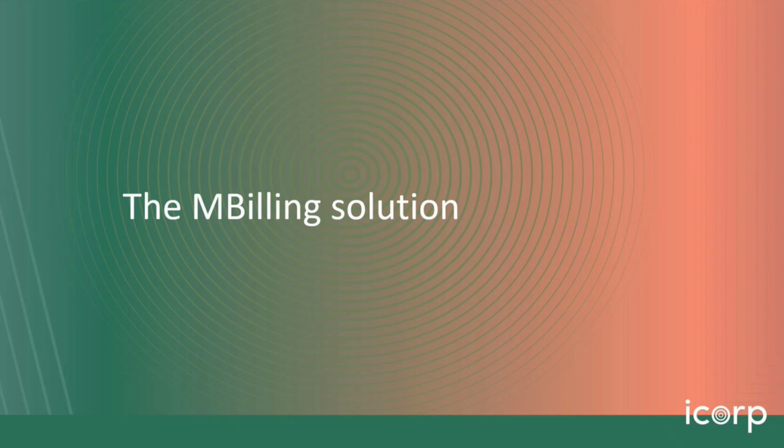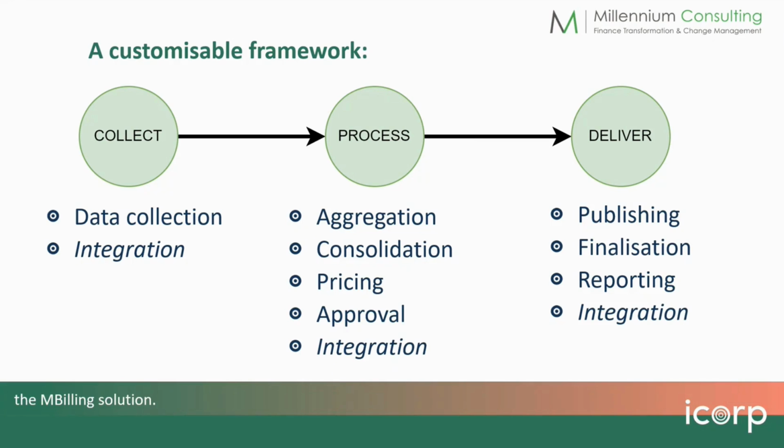So let's talk about the M-billing solution. What is the M-billing solution? So as I said, it's actually a framework that we map on your billing process. And we're bringing order to the chaos. So let's separate that process into three different areas. That is collect, process, and deliver. Well, with data collection, it actually goes for itself, but sometimes that data collection is not so straightforward.